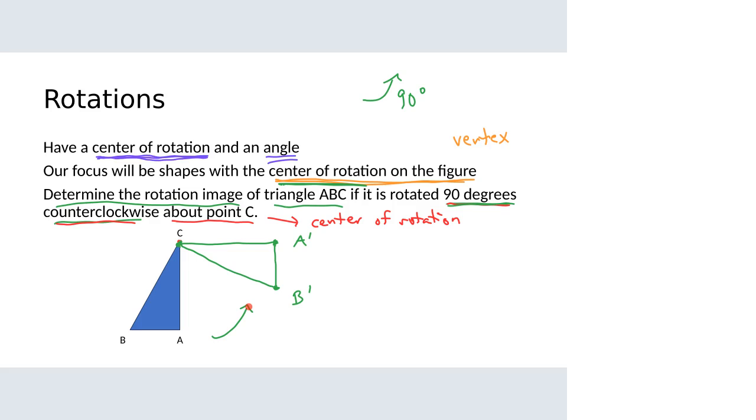Are there questions about what we did here to end up with the triangle after the rotation was done? Outstanding. Rotations can be a little bit challenging, but if we're good, we're good.